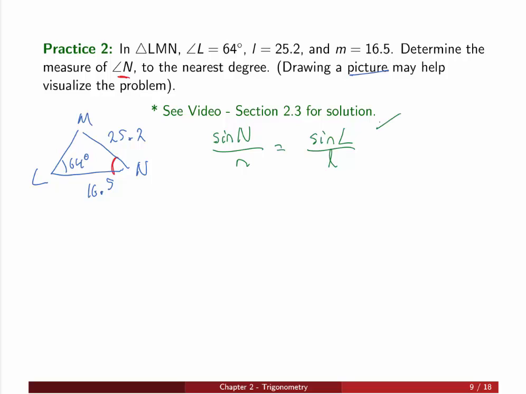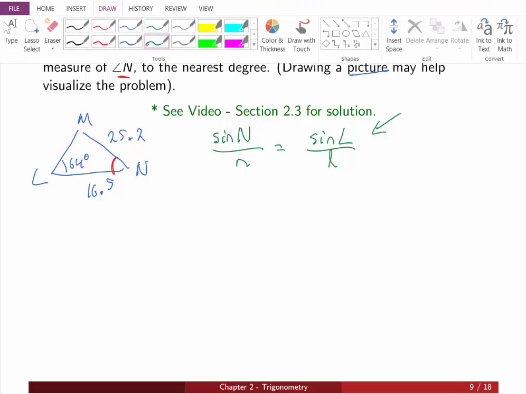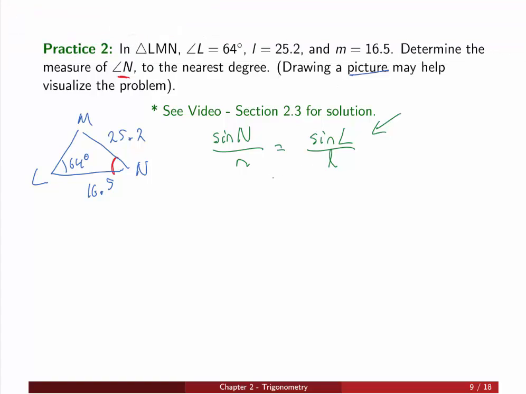That is the formula we're going to use right there. I put the angles on the top because I'm solving for angle big N. So here we go. You can rearrange this for N right away, but I'm going to plug stuff in.